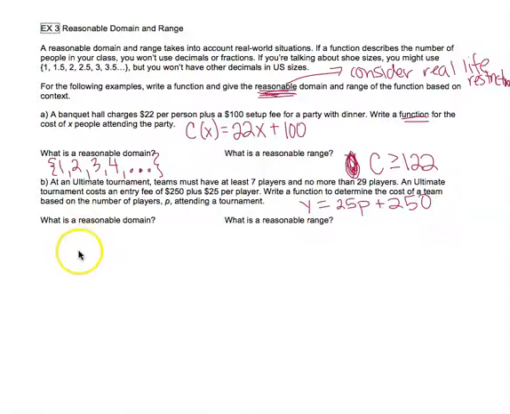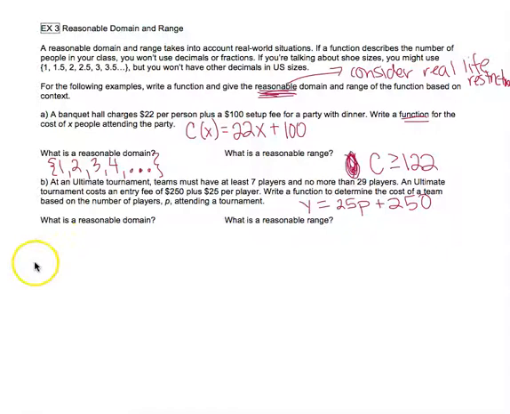Now, in this case, you might think, all right, I'm going to start exactly the same way that I started here. And I could have 1 person, 2 people, and so on. But that's not actually true because we have additional information given to us by the situation. It says teams have to have at least 7 and no more than 29.